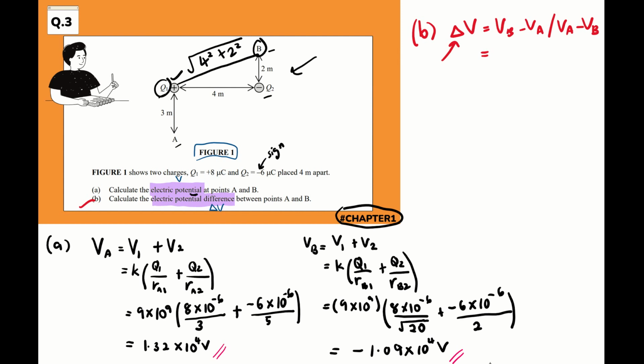So if I substitute from the first equation, negative 1.09 times 10 to 4 minus 1.32 times 10 to 4, then you're supposed to get negative 2.41 times 10 to 4 volts, or your answer could be positive 2.41 times 10 to 4 volts.